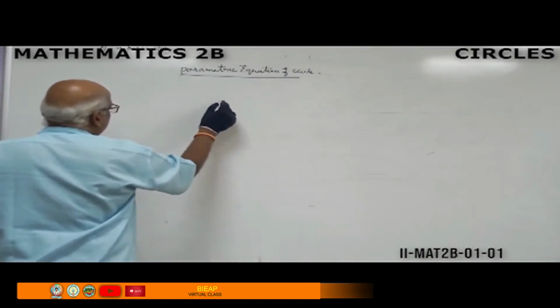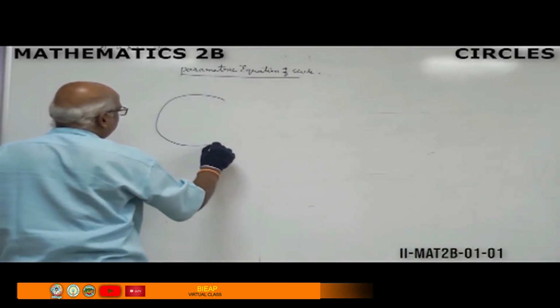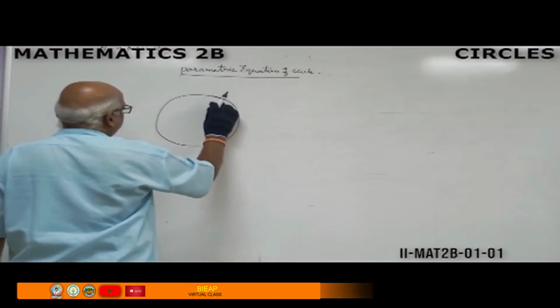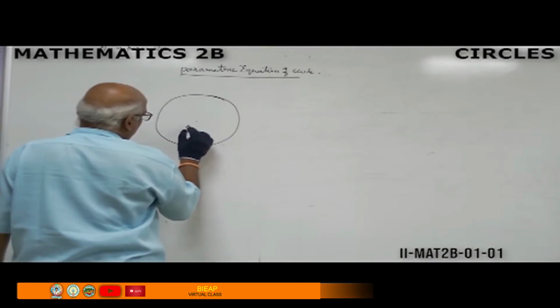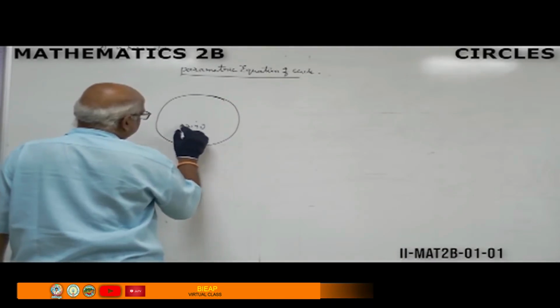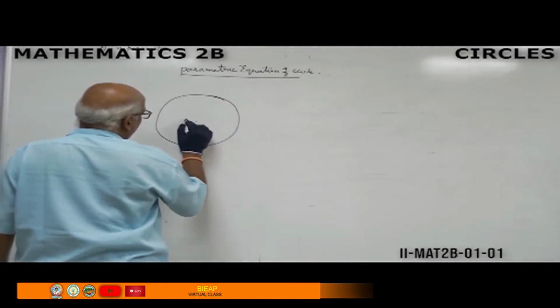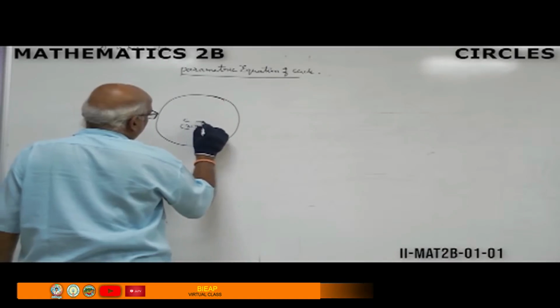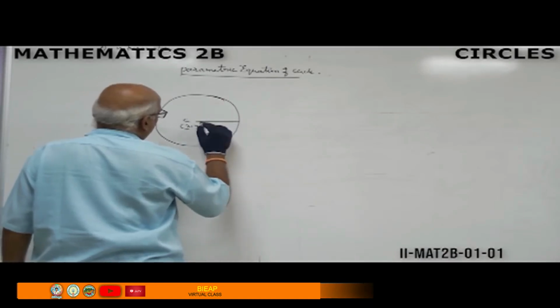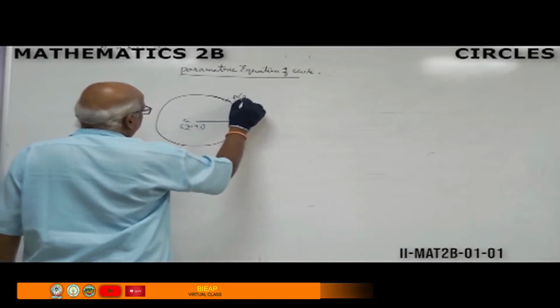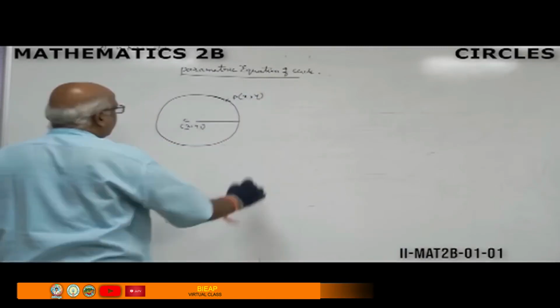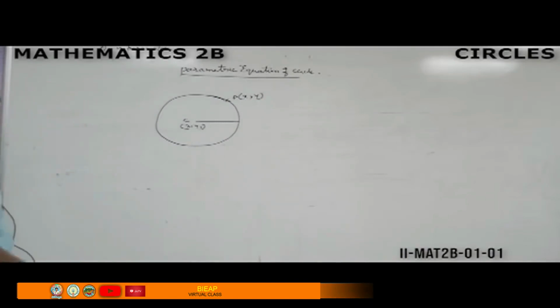Here, this is the required circle, let us say. Center coordinates (x1, y1). Arbitrary point coordinates, that is the moving point, (x, y).